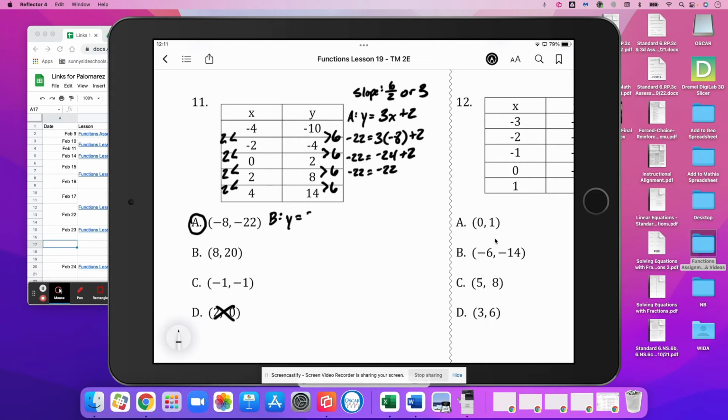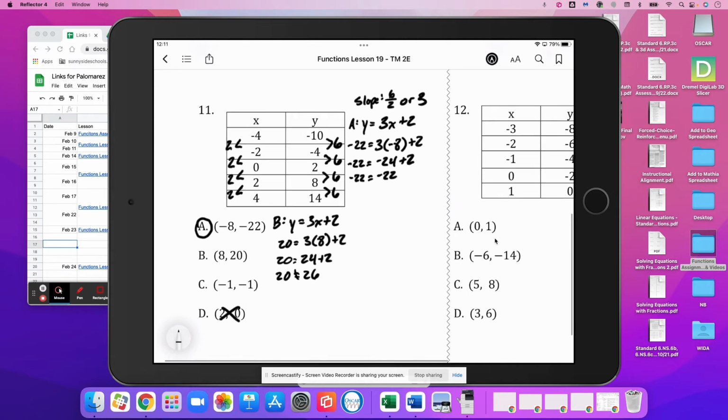Again, we've got y equals 3x plus 2. So 20 is equal to 3 times 8 plus 2. I don't think this one's going to work. 24 plus 2. 20 is not the same as 26. So B is out. And C is our last one to test.